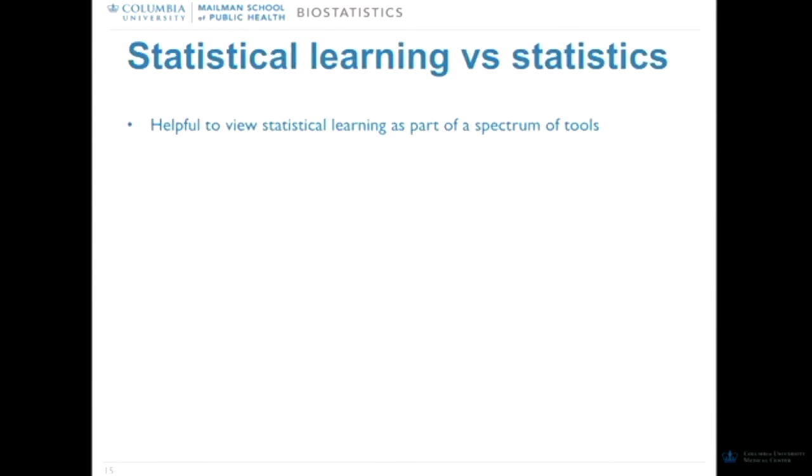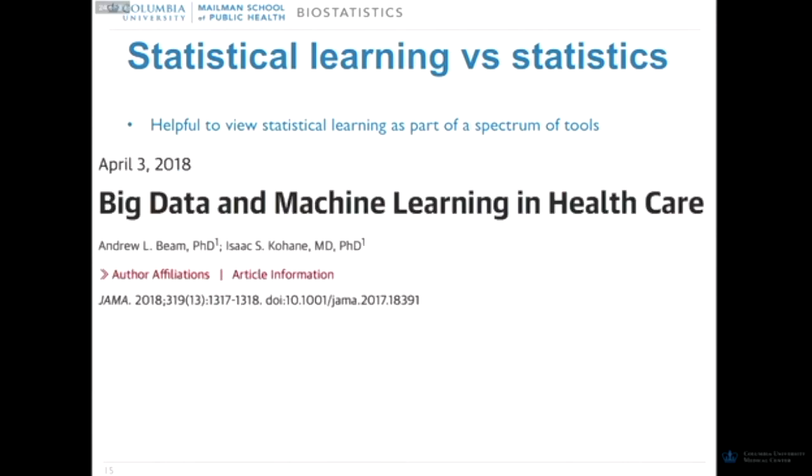There's a more recent JAMA editorial that I think was a little more balanced in the way it thinks about machine learning and data science in the context of clinical research. This is Big Data and Machine Learning in Healthcare, from not too long ago, April 3rd, 2018. I think it did quite a good job.